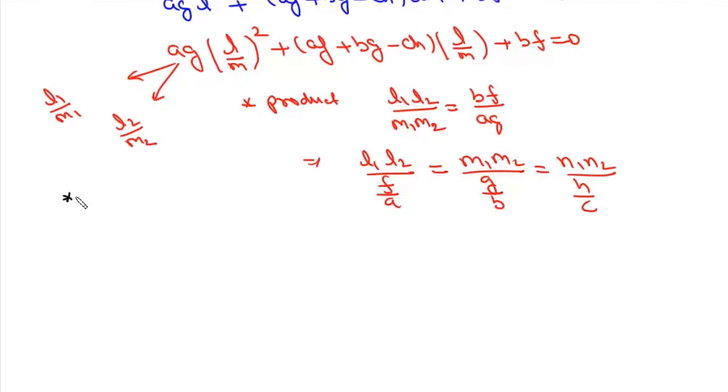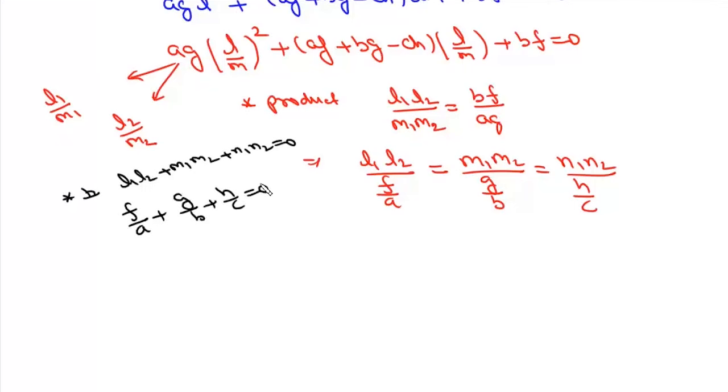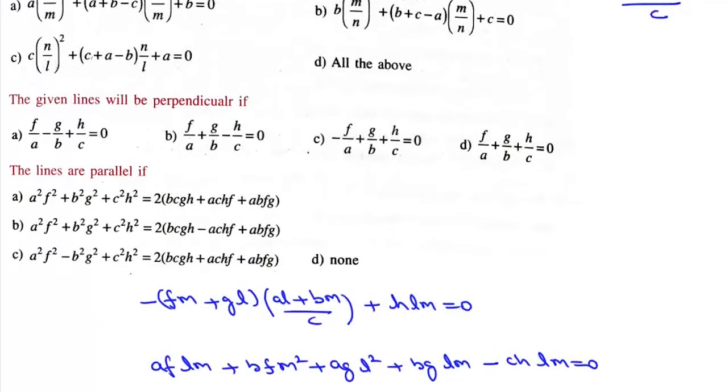Now if the two lines are perpendicular, then clearly l1 l2 plus m1 m2 plus n1 n2 must be 0. So from here we'll get the condition that f upon a plus g upon b plus h upon c must be 0. That means the given lines will be perpendicular if f upon a plus g upon b plus h upon c is 0, and that's your option D.